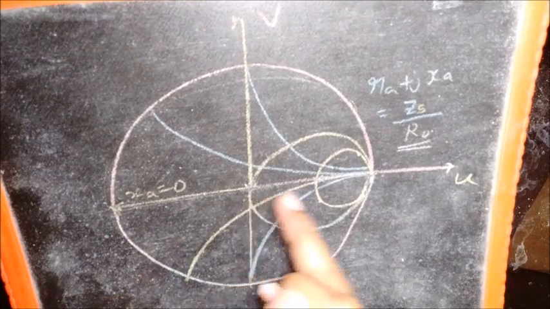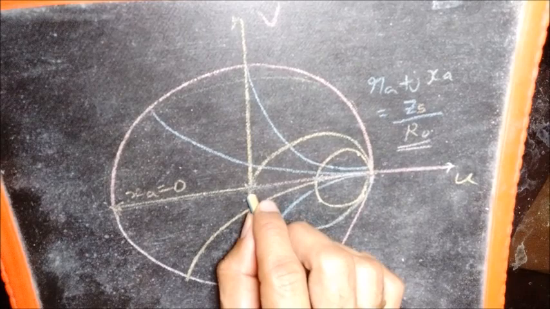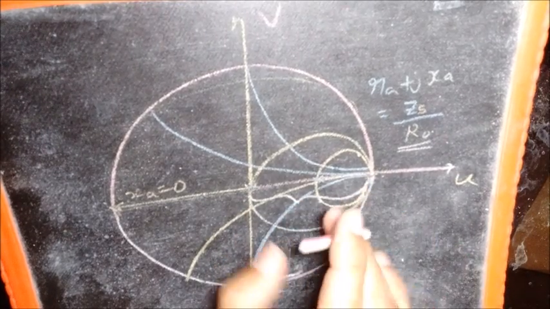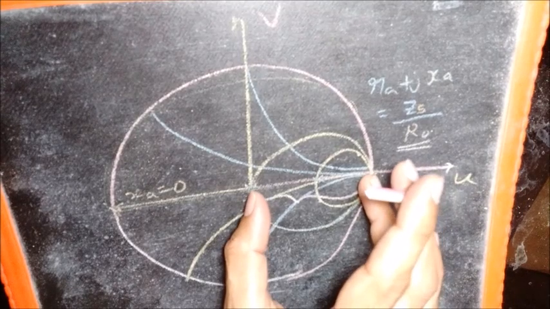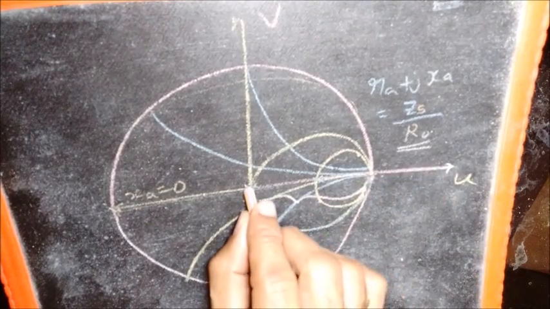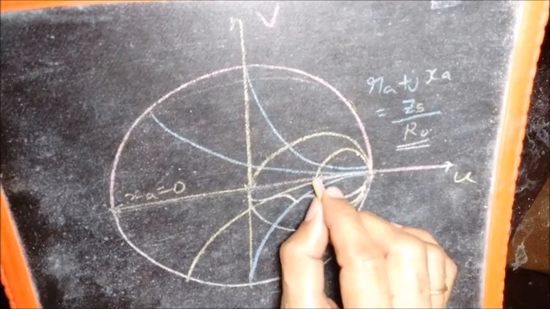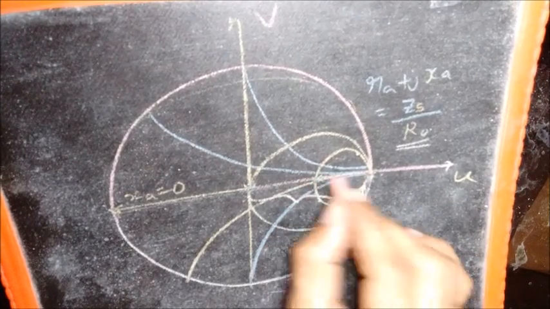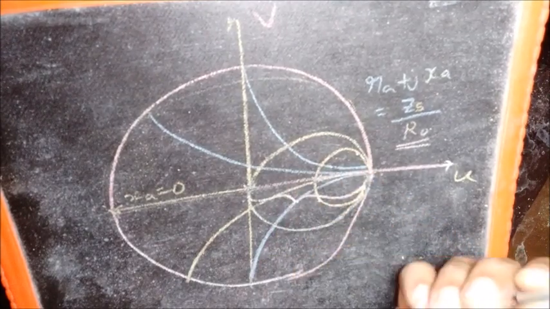Whereas on the right half, on this radius, RA varies from 1 to infinity. So this is 2, and 3 will be somewhere here, or maybe 1.5 will be somewhere here.